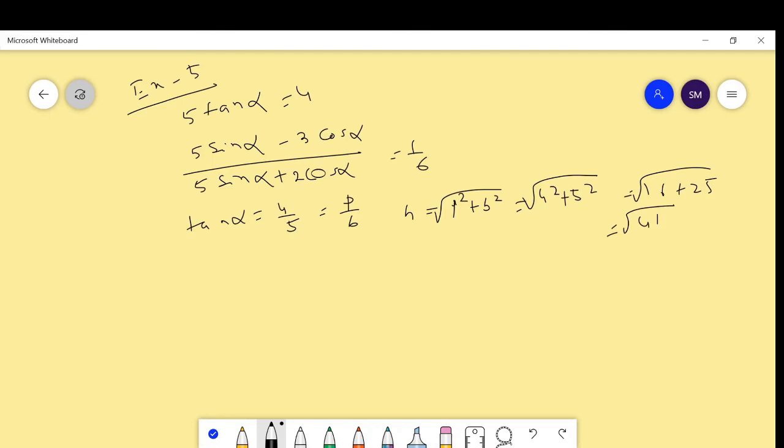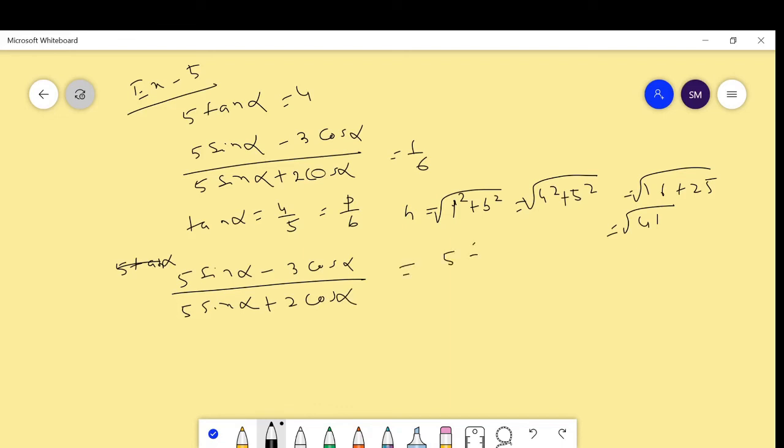Then here the question says, we have to put 5 sin alpha minus 3 cos alpha upon 5 sin alpha plus 2 cos alpha. Divide cos alpha in numerator and denominator.